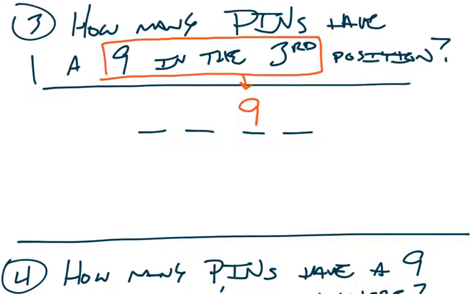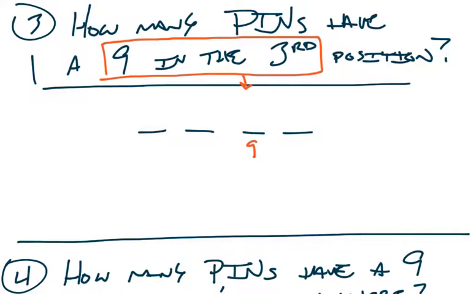So I'm not going to write that 9 where I just put it. I just wanted to write it there so you knew that there's a physical 9 in the third spot. But that's where I've been writing the number of decisions that I have available to me. So what I'm going to do is write a little 9 below there to remind myself that that thing has to be a 9, okay?